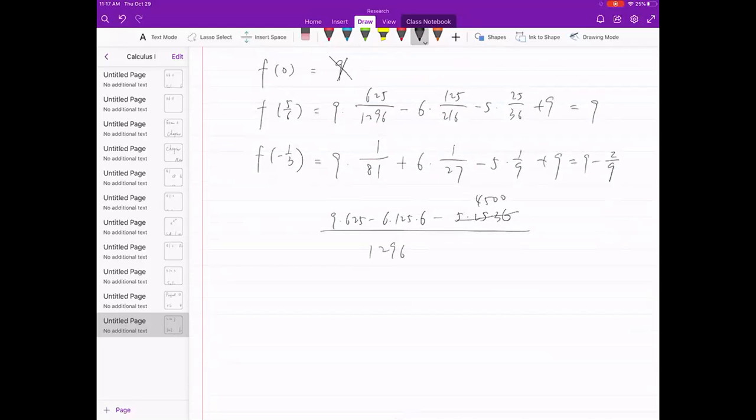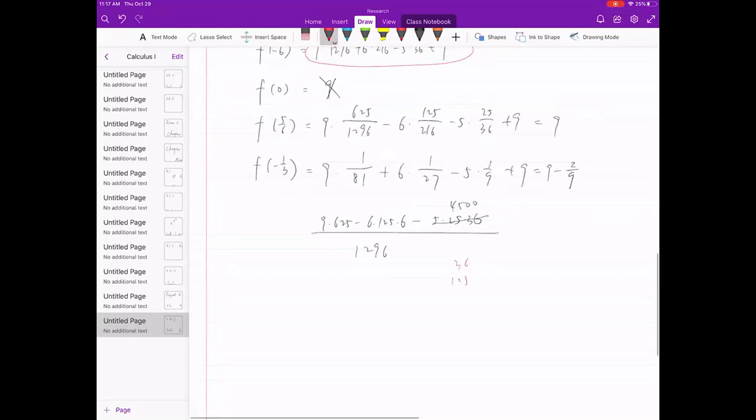Actually, it's not that hard, so we can actually do it. Okay, minus this, minus this. The first one is going to be shit.